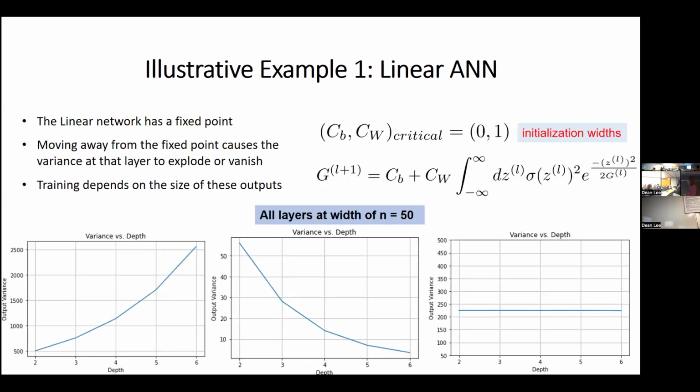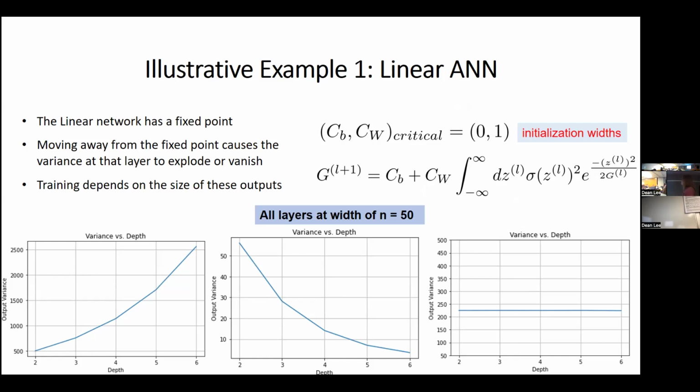And so the thing that's of interest then is you can do this with the depth as well, and look at these outputs and look at the variance of the output distributions. What you can see basically is that I took neural networks where all of them have 50 nodes in every layer, and I then just increase the depth.